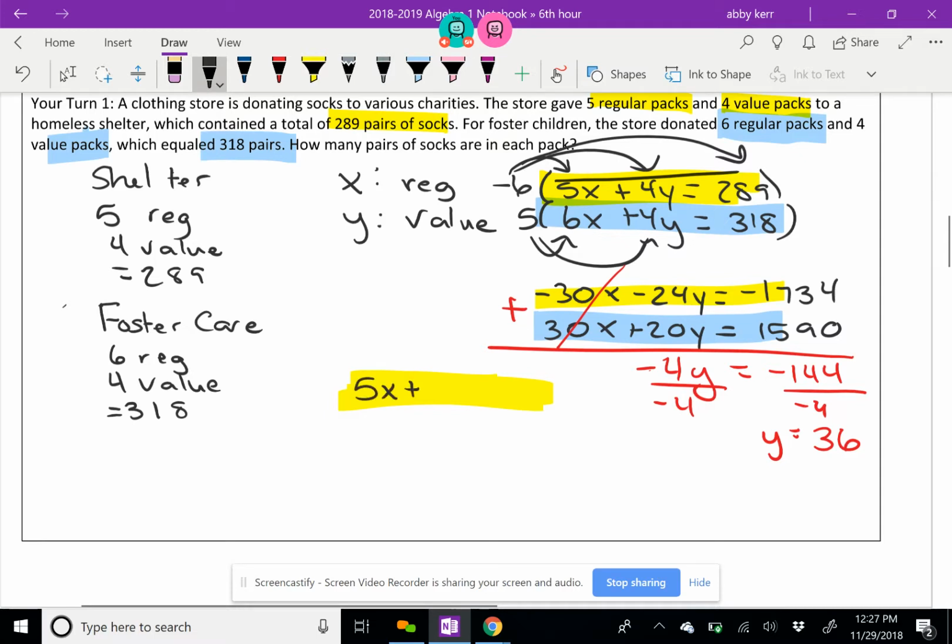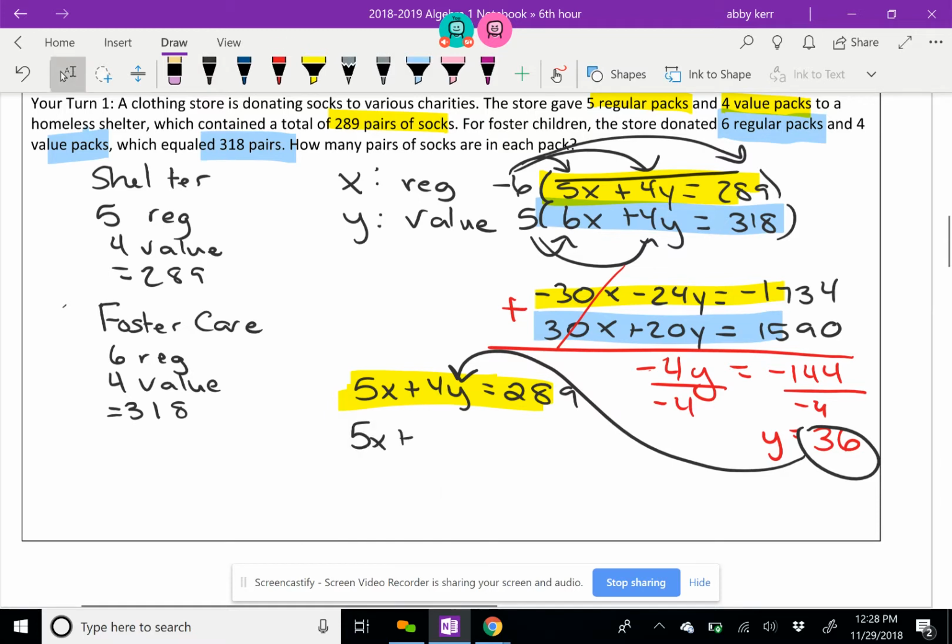So 5x plus 4y equals the 289. You're going to plug that into the y value. So 4 times 36 gets us the 144.